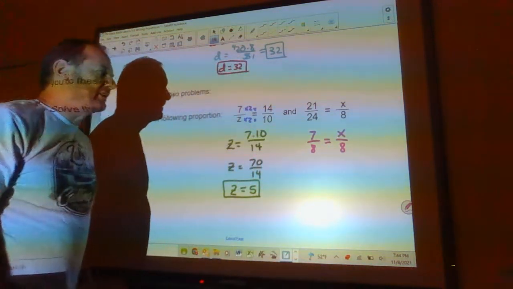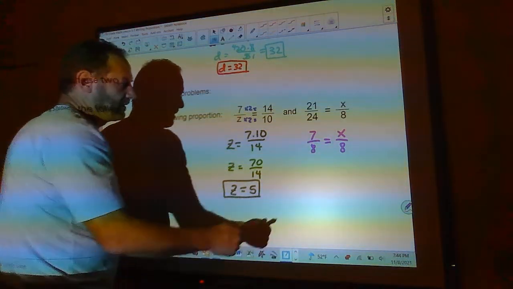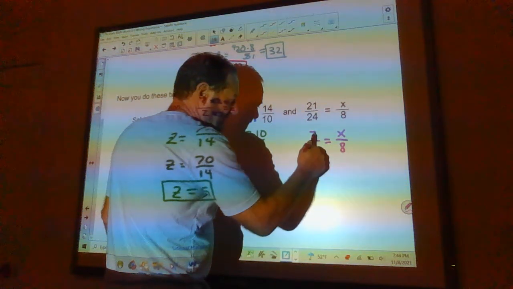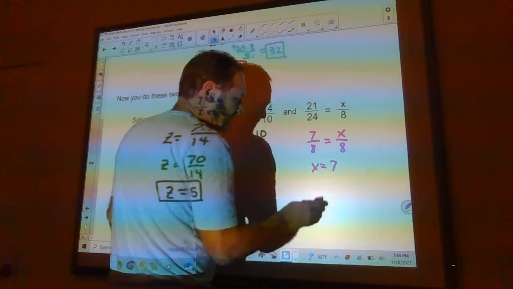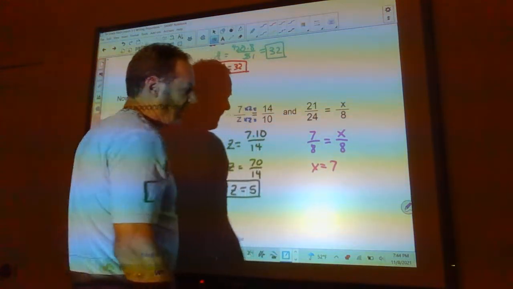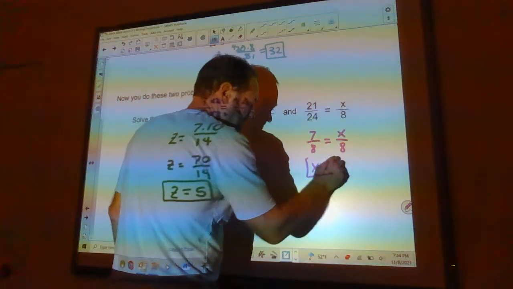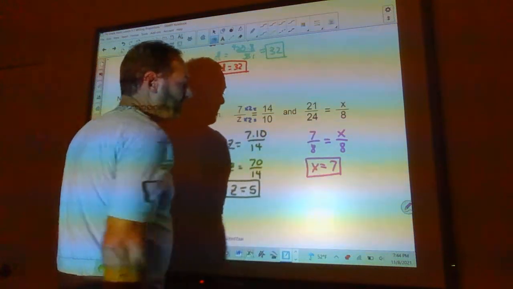And suddenly it becomes very apparent what the answer is. If I have a number over 8 here, and I have 7 over 8 here, and those two things are equal, then x has got to be 7. 7 times 8 is 56, divided by 8 is 7 again. So I was able to do that one just by reducing this.